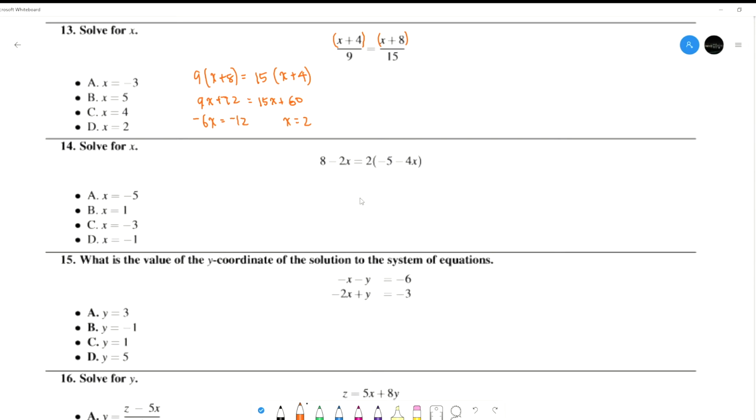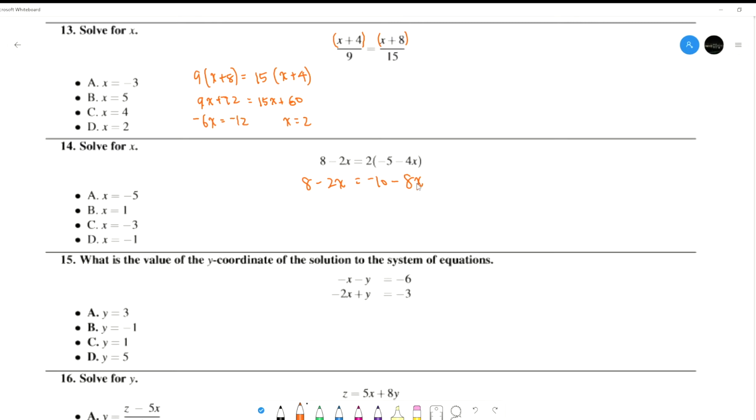Number 14, we're going to do distributive property and solve for x. So we have 8 minus 2x is equal to 2 times negative 5 is negative 10, and minus 8x. So 8 minus 2x is equal to negative 10 minus 8x.